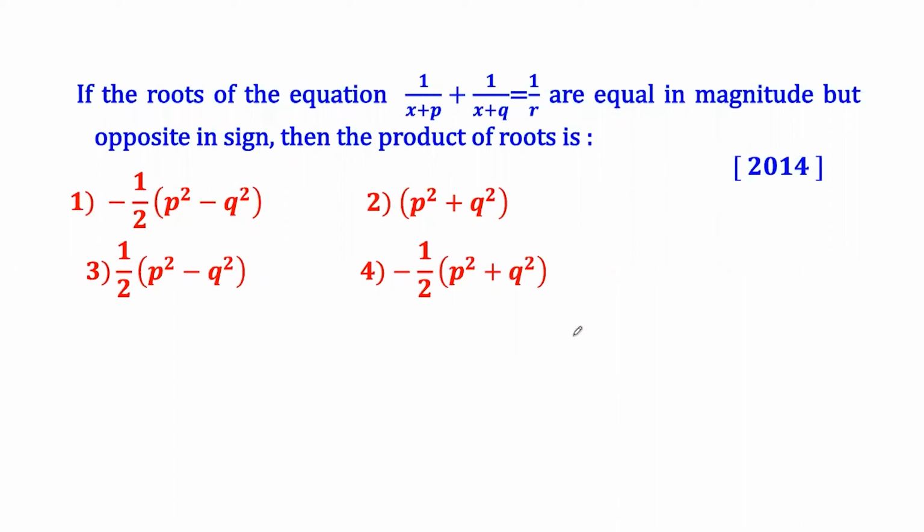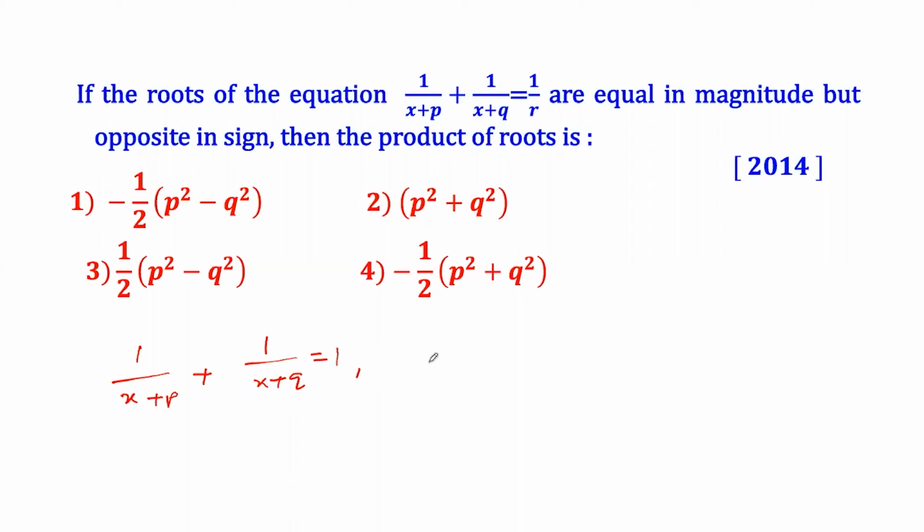Now, the third one: if the roots of the equation are equal in magnitude but opposite in sign, then the product of the roots is, right? The roots of the equation are equal in magnitude and opposite in sign means we have to see the coefficient of x. This is 1 upon (x plus p) plus 1 upon (x plus q) is equal to 1, right?